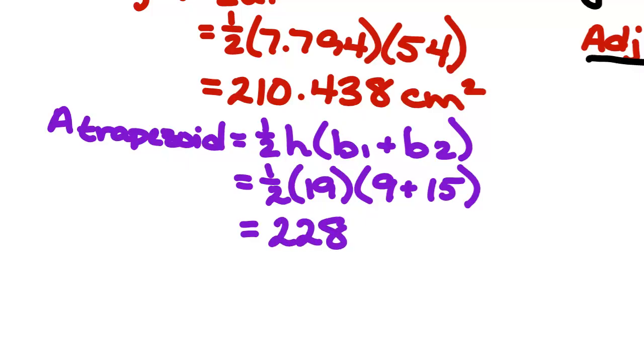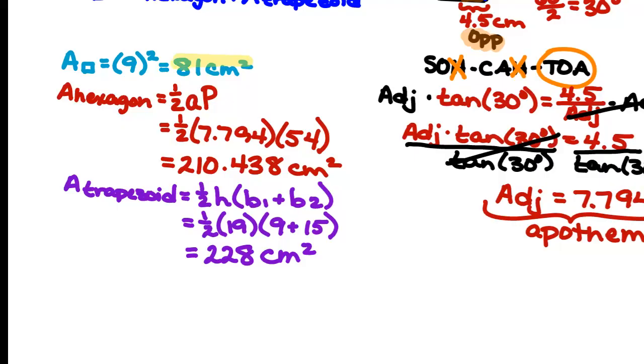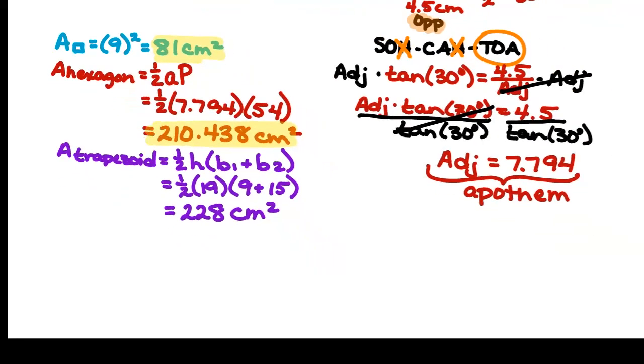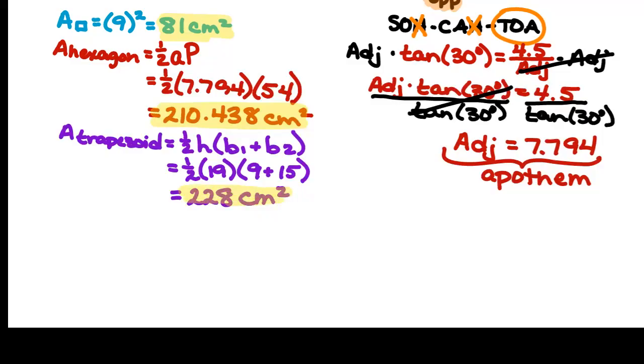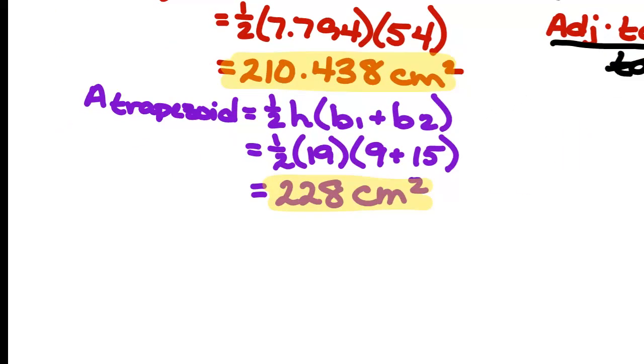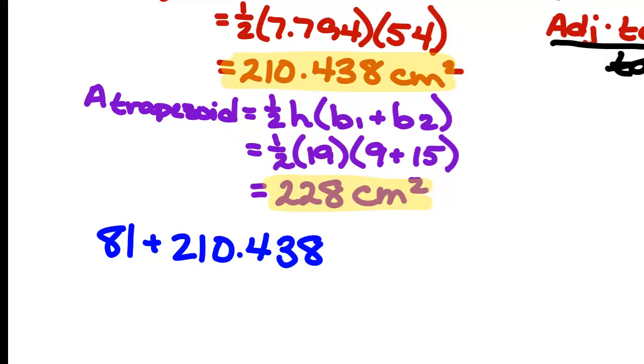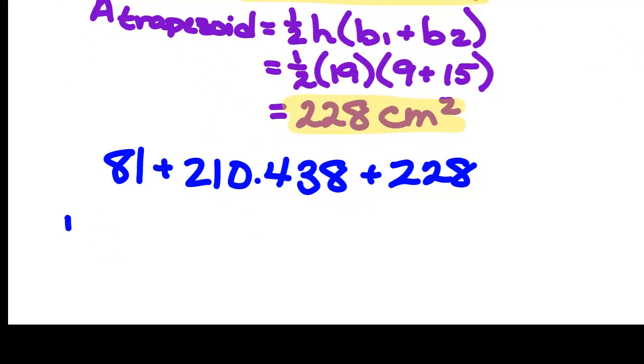228 centimeters squared. All right, so now we have the areas of all three parts. So we need to take the 81 centimeters squared. We're going to add that to the 210.438 centimeters squared. We're going to add that to the 228 centimeters squared. So 81 plus 210.438 plus 228.